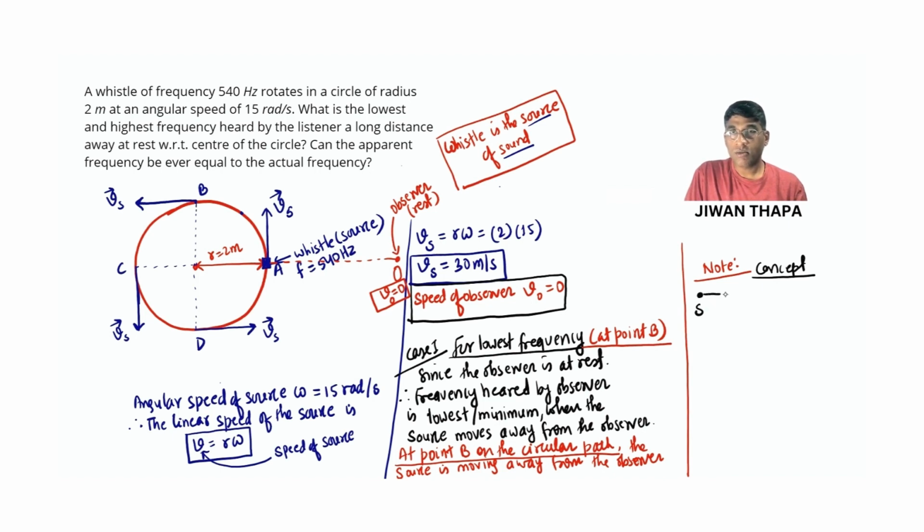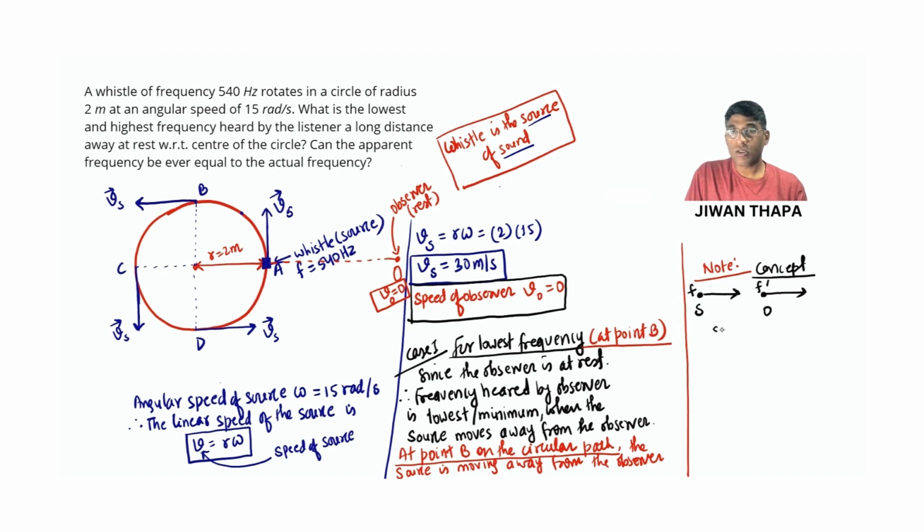Source moving towards observer and observer moving away from the source. The frequency of sound emitted by the source is F, and the apparent frequency heard by the observer is F dash.